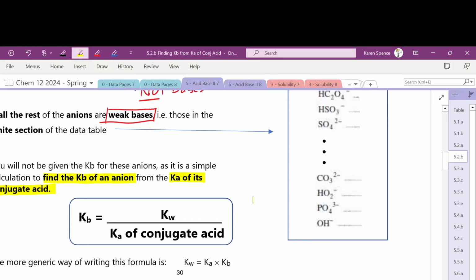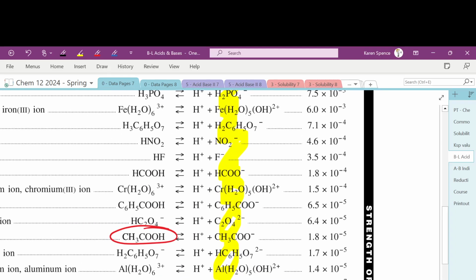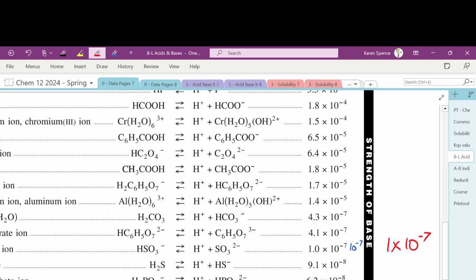If I give you the anion NO2 minus, you will use the Ka for HNO2 to find the Kb, okay? If I give you HCO3 minus, you will use the Ka of H2CO3 to find the Kb, okay? So let's do a few of those.